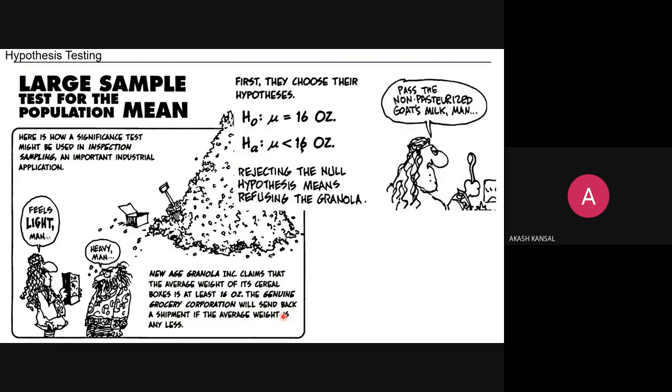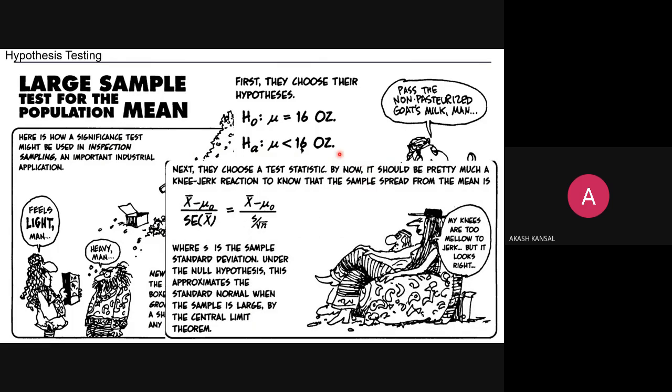So they choose their hypothesis. Null hypothesis is mean is 16 ounce. Alternate hypothesis is mean less than 16 ounce, because if the mean is greater than 16 ounce, then it is well and good for them, right? And if they reject the null hypothesis, then it means they reject the granola. Next, they choose a test statistic.